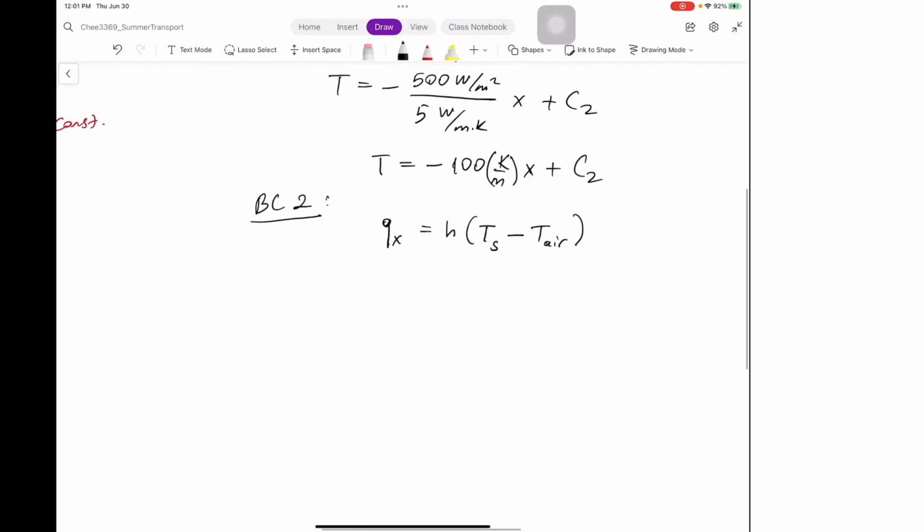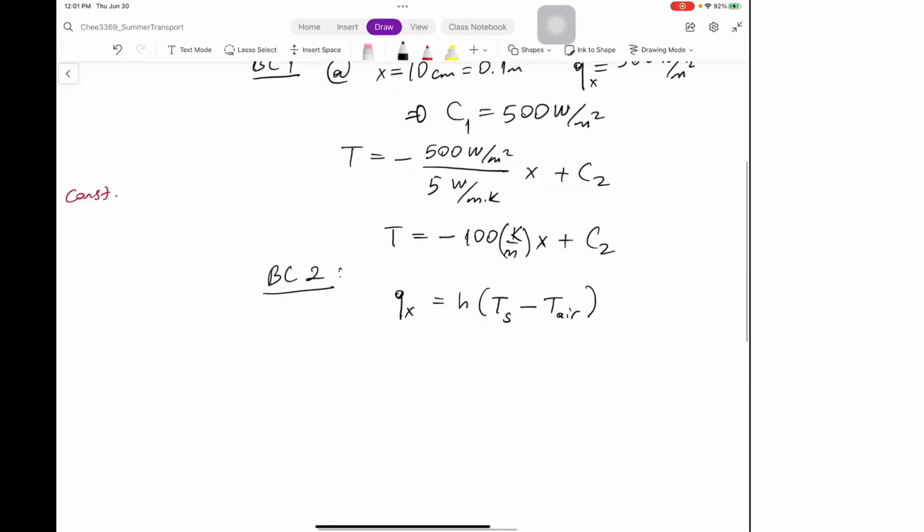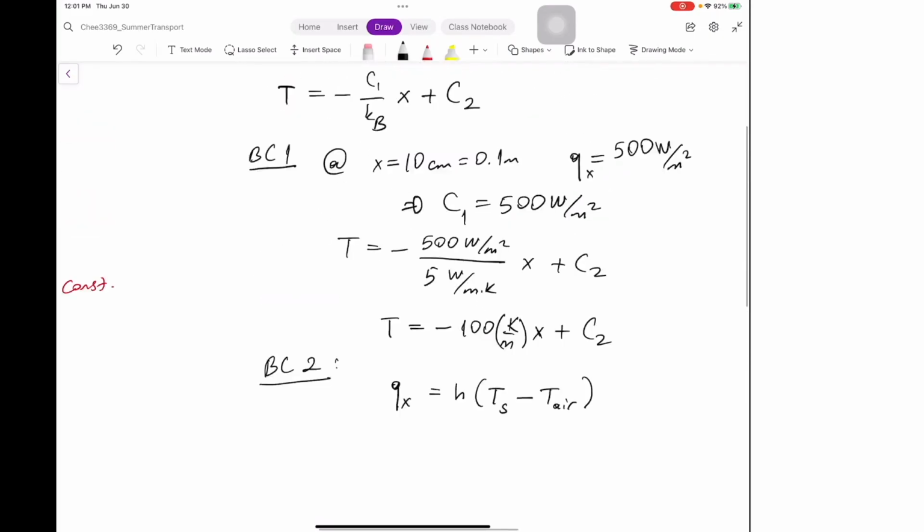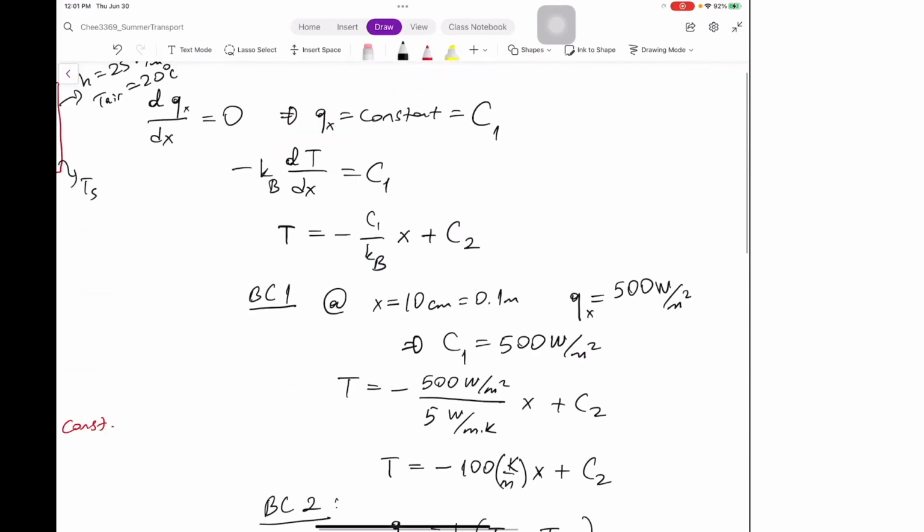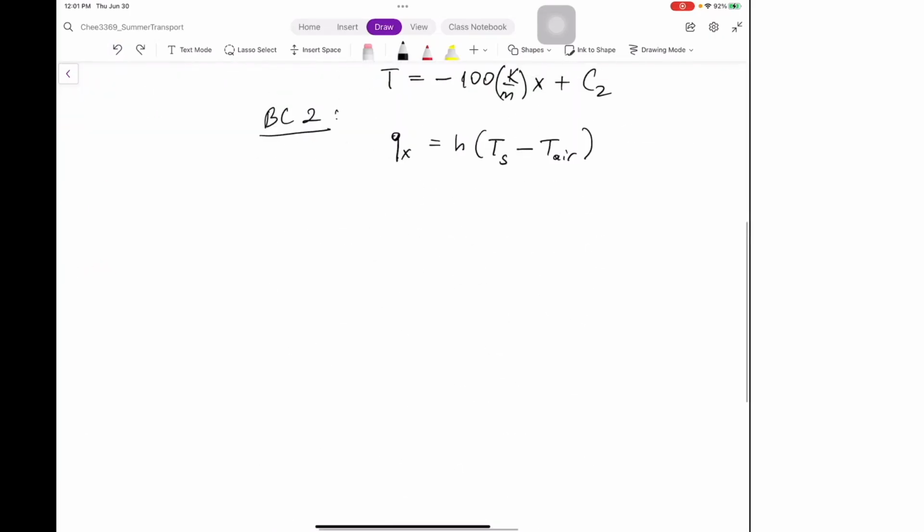And Qx is given as 500 because it's constant everywhere. We found that this is constant everywhere, right? It is 500 watts per meter square is equal to H, which is 25 watt per meter square Kelvin.